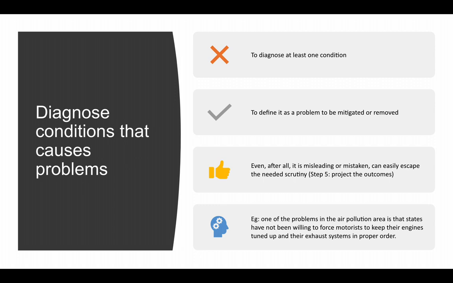Air pollution, as we know, is a huge problem, and now we are down to a very specific regulatory problem: states haven't been willing to force motorists to keep their engine and exhaust system in proper order.